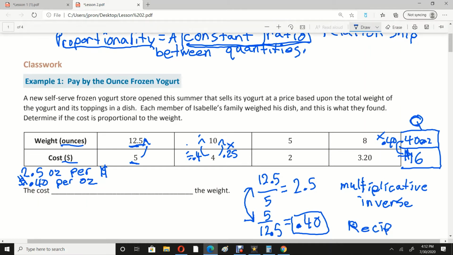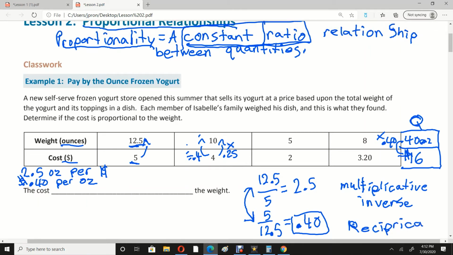You'll remember from 6th grade, we talked about a reciprocal being just a fraction flippy-floppied, right? So instead of the 5 being on top, 12.5 is on top, and vice versa. Those are reciprocal values.